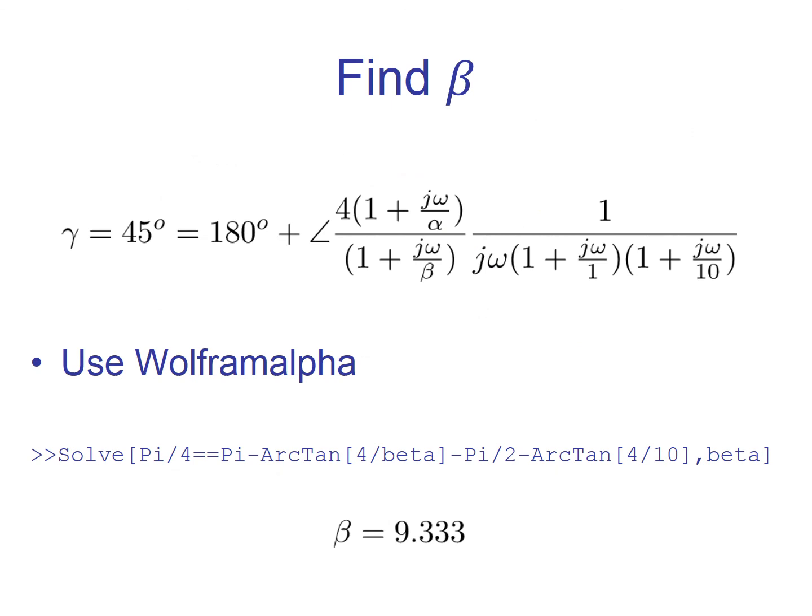For doing this, let us obtain gamma. Gamma is going to be 45 degrees equals 180 degrees, which is the formula, plus the angle of the whole open loop transfer function here, including alpha and beta. But if you can see this term here, alpha, is going to cancel with this other term of the plant, okay? So the only unknown that we're going to have is this beta.